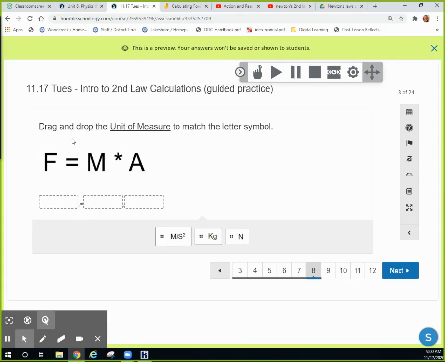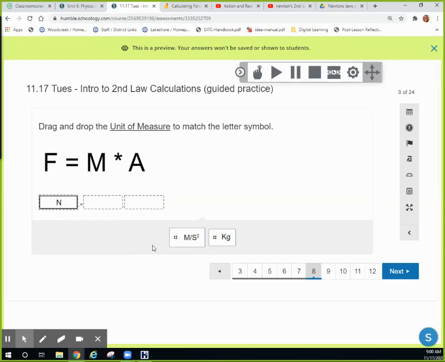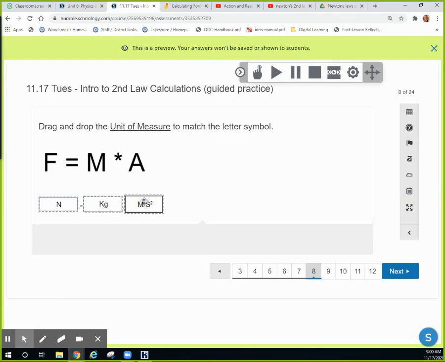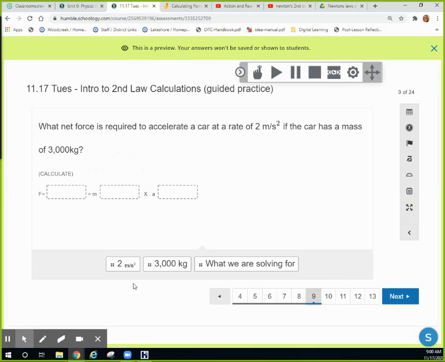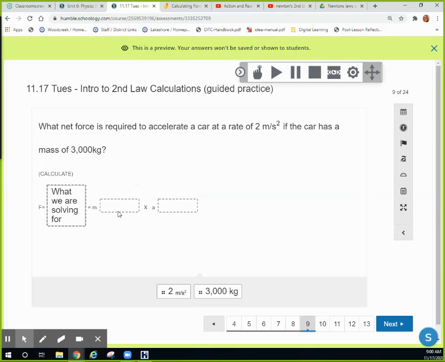So another step that she wants you to do is drag and drop the units to this formula. So force, we just said, was in newtons. Mass was in kilograms. And acceleration is meters per second squared. Now we can plug our numbers in. Okay, force again is what we're looking for.